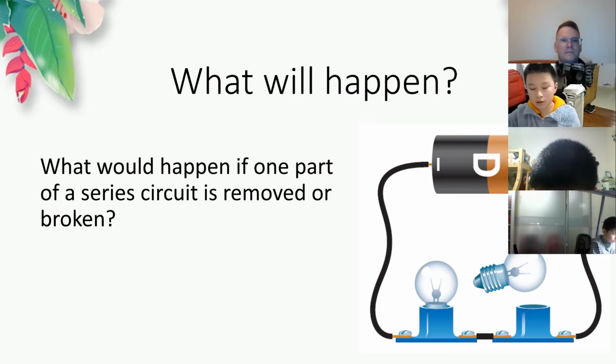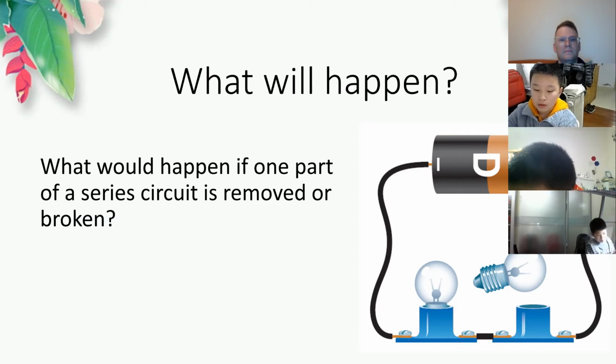Because the two bulbs are on one way, and if you take off one bulb, the circuit will just cut off, and the electricity can't go through from these two bulbs.